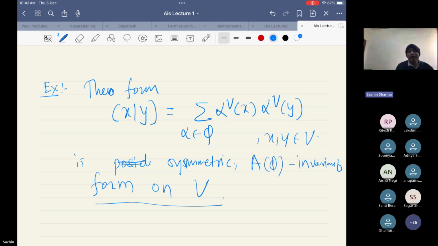Not only with the W phi, you can extend your form such that it is A phi invariant actually. So this is again an exercise. Possibly Ritesh will do it for you.